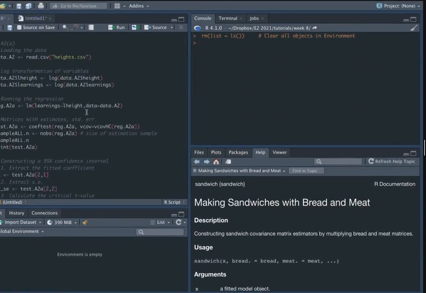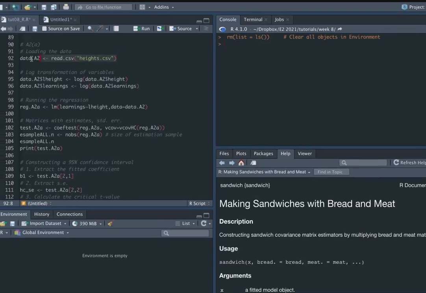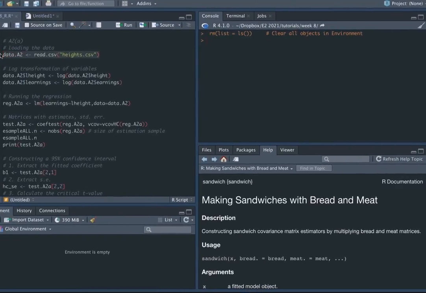Good. So we're using some data that has information on how tall people are, and how much money they make. This is an American data set, so I think the size is in inches or something.